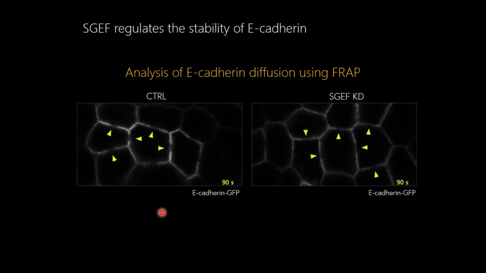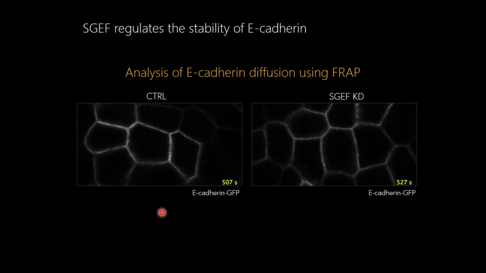That typically gives you an idea of the diffusion rate of the proteins in the membrane and the recovery of the fluorescence by other means. In this case, it could be by newly synthesized protein that comes into the junctions or by endocytosis.